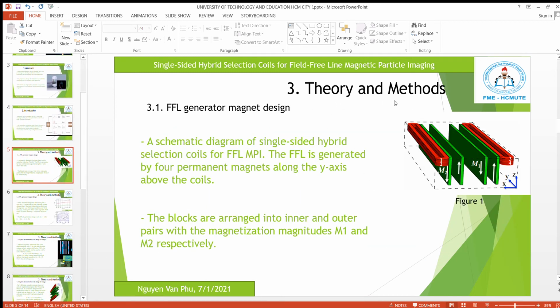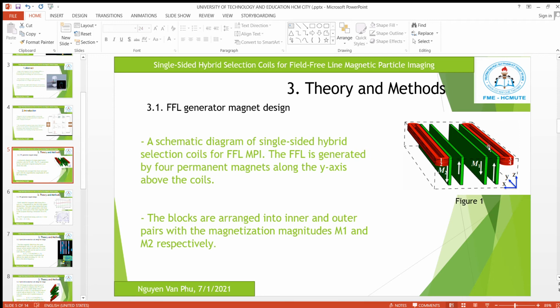3. Theory and methods. 3.1 FFL generator magnetic design. A schematic diagram of single-side hybrid selection coils for FFL MPI.